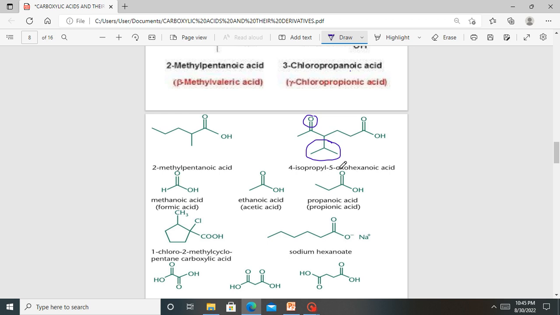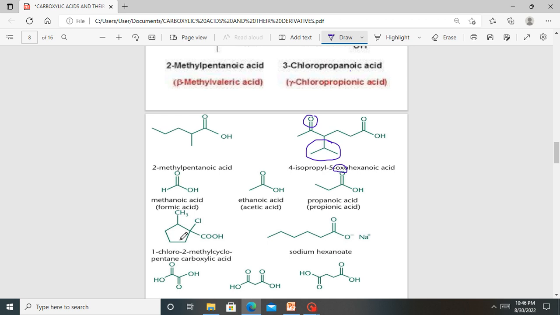The oxo here is the ketone functional group. Here too we have I before O in alphabetical order. So isopropyl 5-oxohexanoic acid.